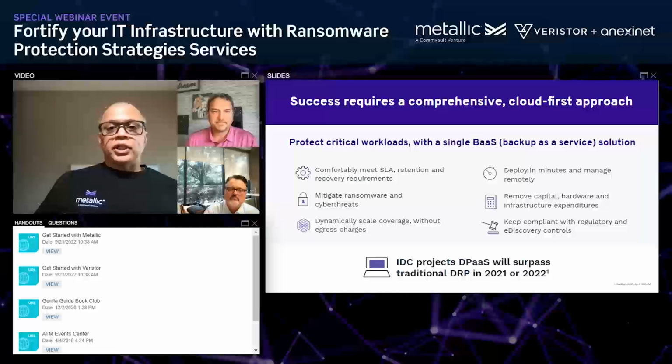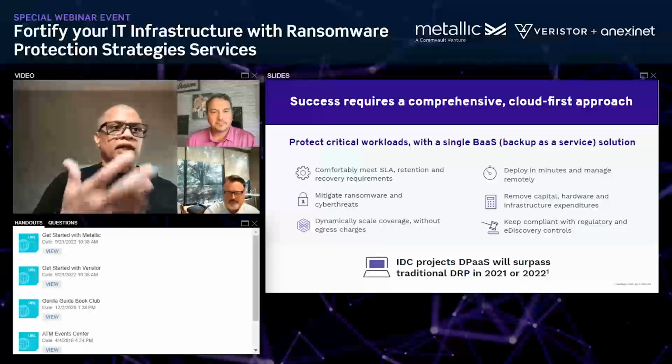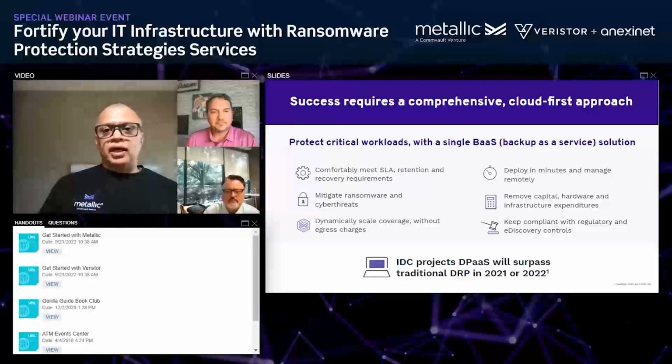It doesn't matter which technology is being used. Can the business sustain a specific amount of attack for a specific amount of time, right? That's a business-driven conversation. And that drives SLAs, retention, and your recovery requirements.